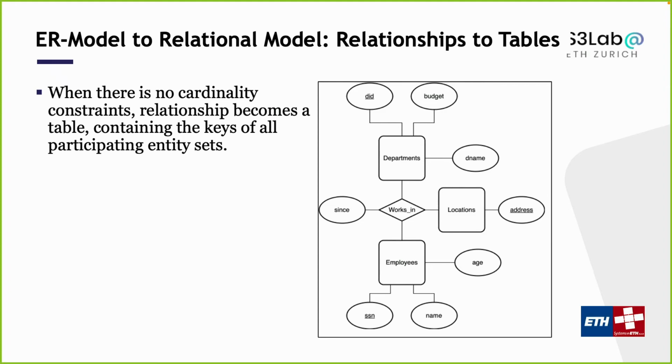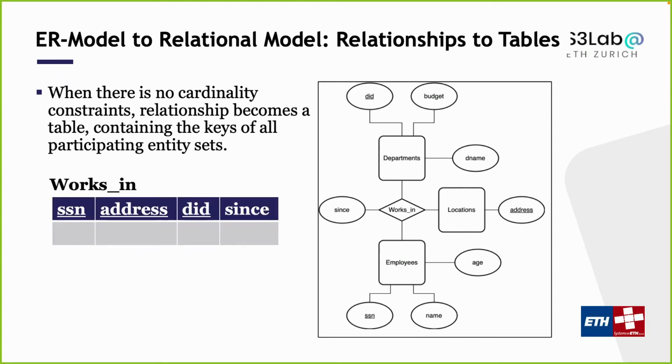So when there's no cardinality constraint, that step is simple. Okay? So you create a relation here called works in, corresponding to the works in relationship in the ER diagram. And what are the attributes of this works in relation?